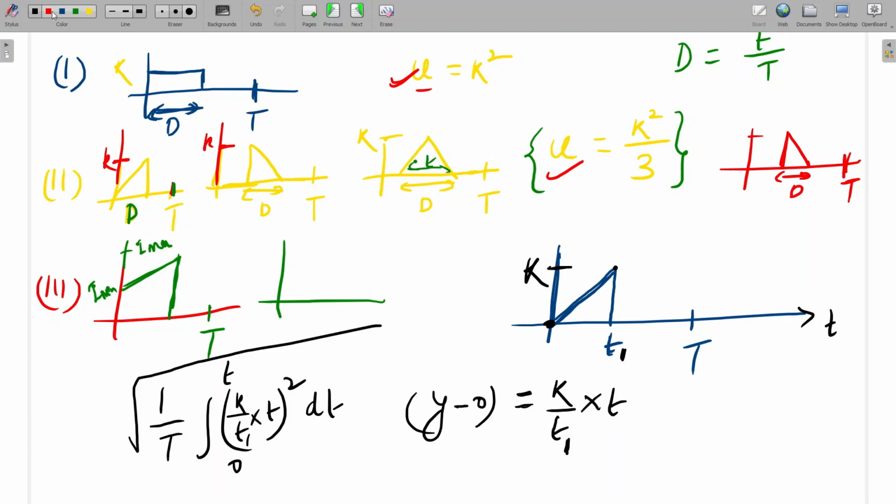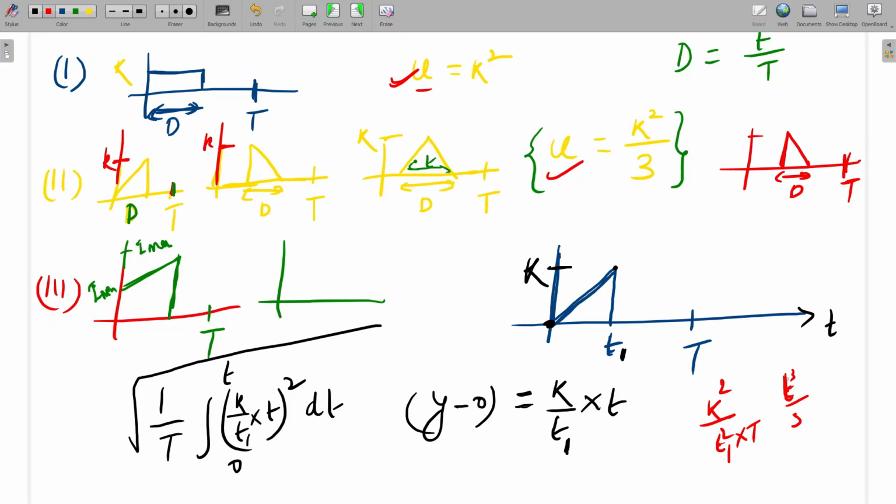So we can simplify. What will be the value? This will be K square by t1 square, which is a constant, into the integral of t square, so t cube by 3.